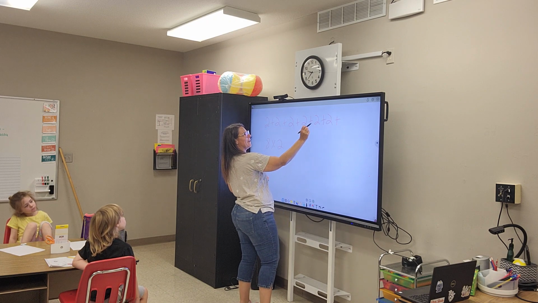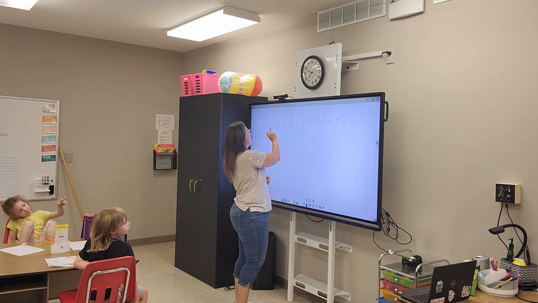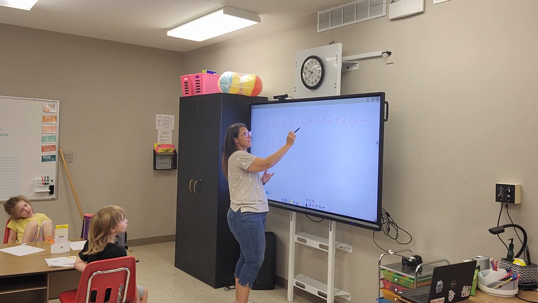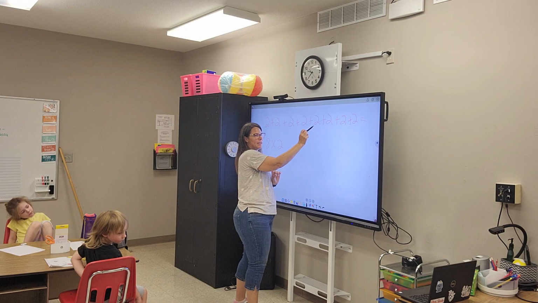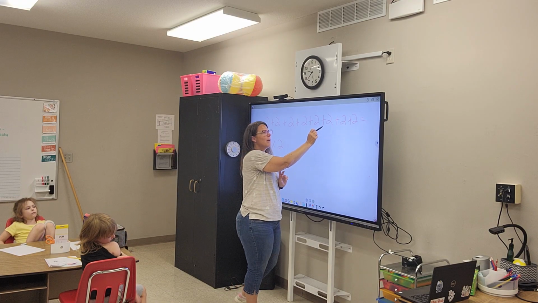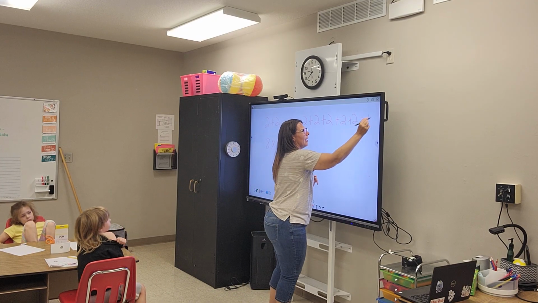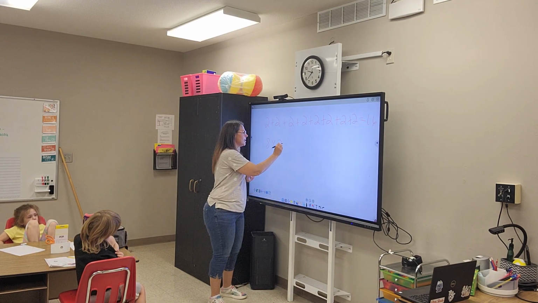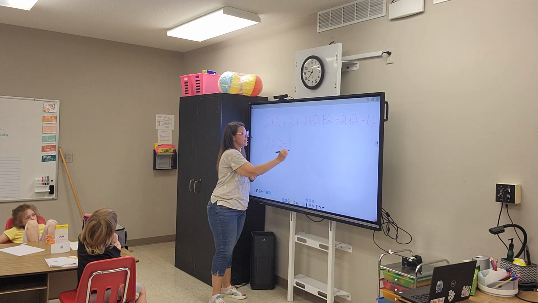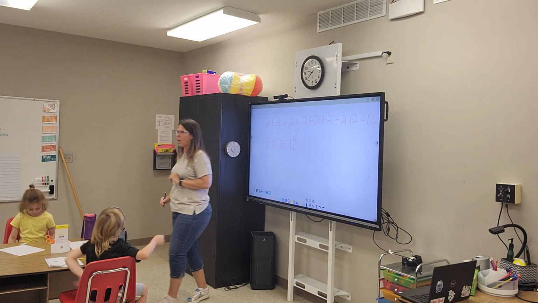You guys are supposed to be helping me out. Okay, so we got 2 plus 2 is 4, plus 2 is 6, plus 2 is 8, plus 2, 10, plus 2 more, plus 2 more, plus 2 more. And those of you that know multiplication, what is 8 times 2? 16.